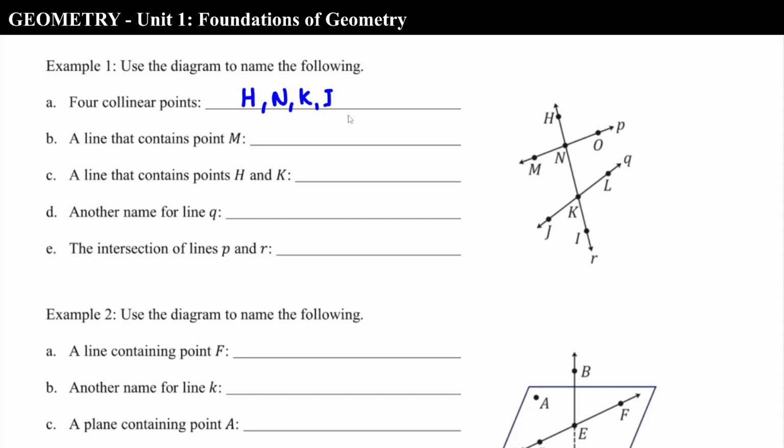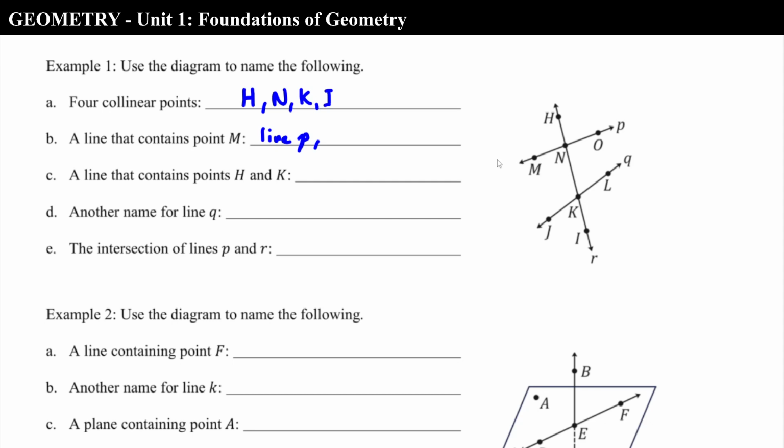A line that contains point M. Well, point M is right here, so that would be line P. You can also call it by other names. All you really need here is line P. That would suffice as your answer. But I want to show you alternatives because you do have options.